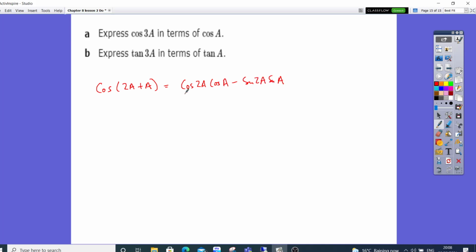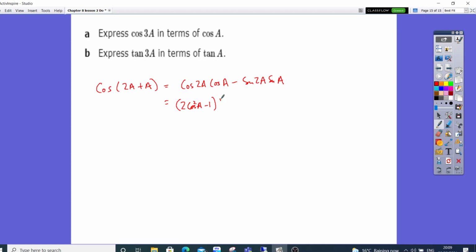Now from here, because I want it all in cos a's, I'm going to replace cos 2a with 2 cos squared a minus 1, times cos a.